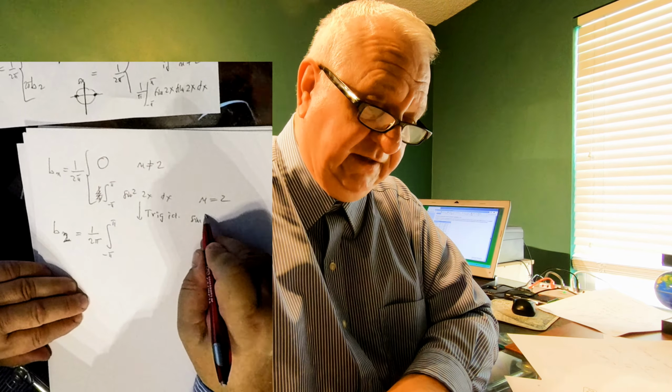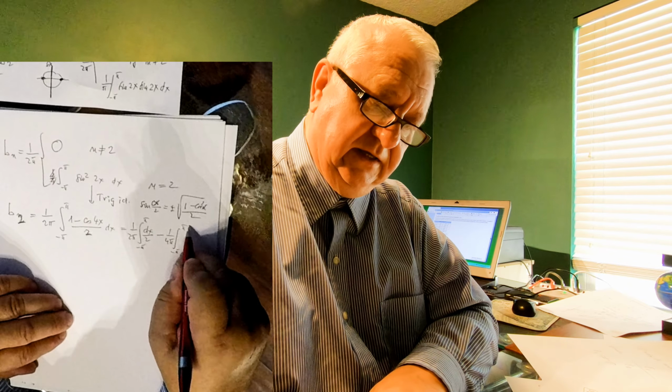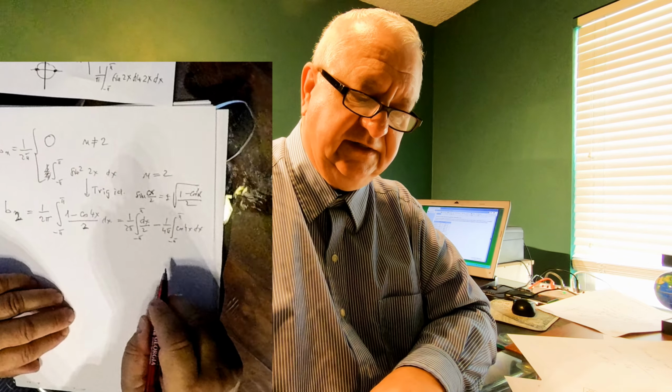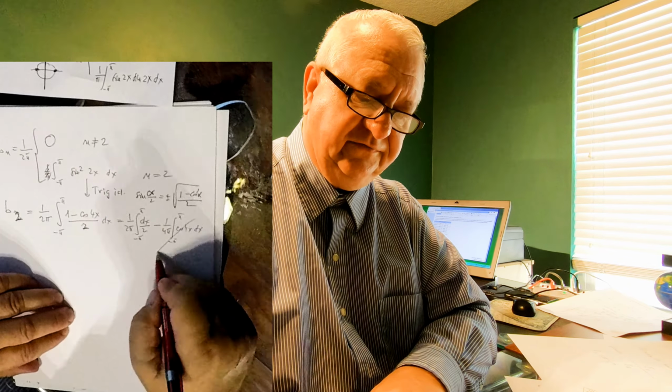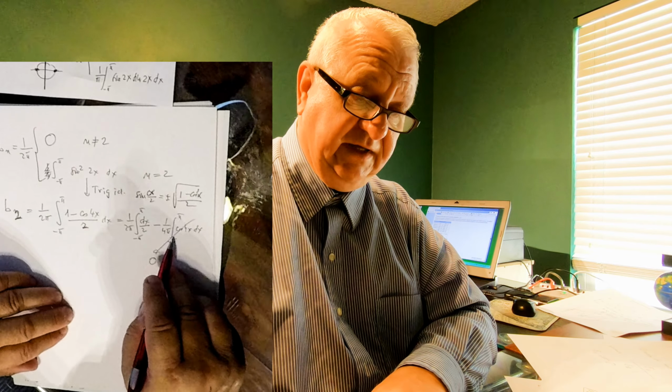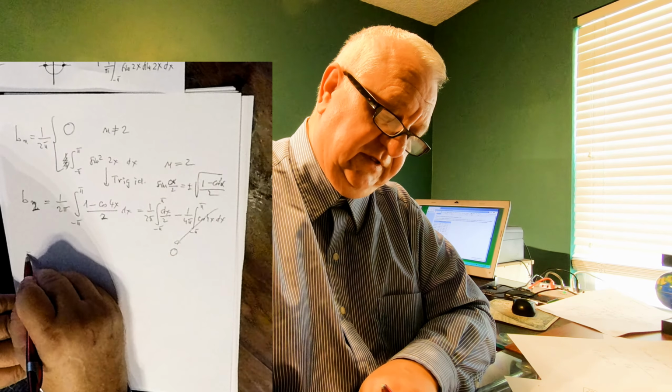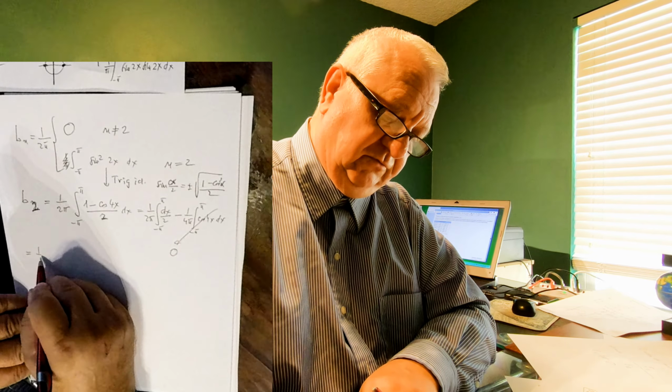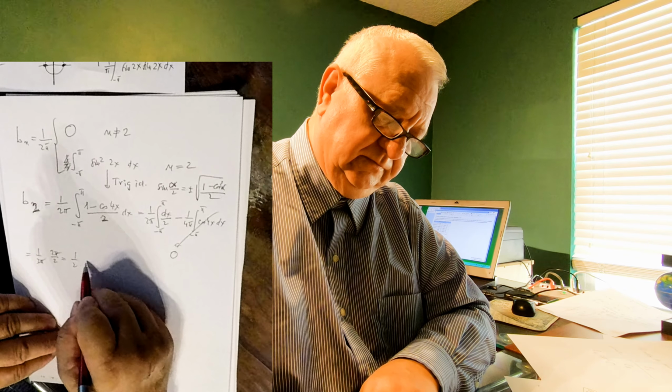And that's 1 over 2 pi integral of dx over 2 from minus pi to pi minus 1 over 4 pi integral from minus pi to pi of cosine of 4x dx. The second integral is 0. Remember why? Trigonometric integral of a periodic function over a full period. 4x has 4 periods between minus pi and pi, so it's 0. And what is left is 1 over 2 pi times 2 pi over 2, which is 1 over 2.